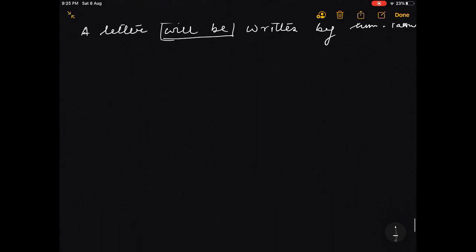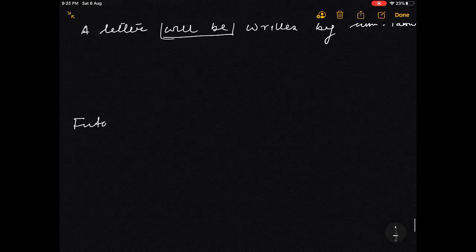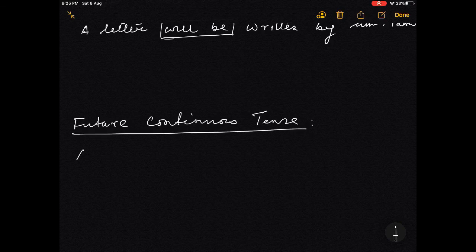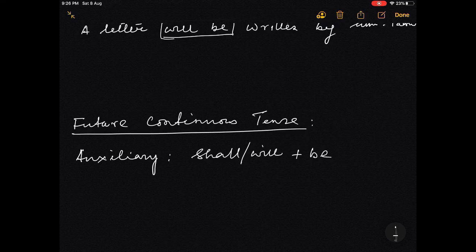Future continuous tense. Auxiliary shall or will plus be plus being. Take the example.